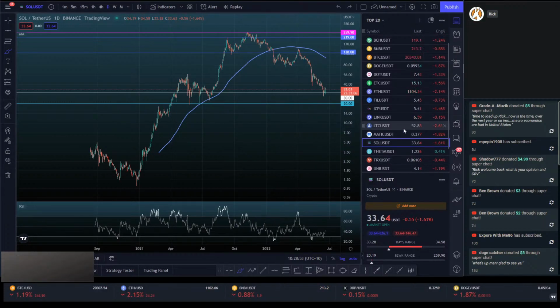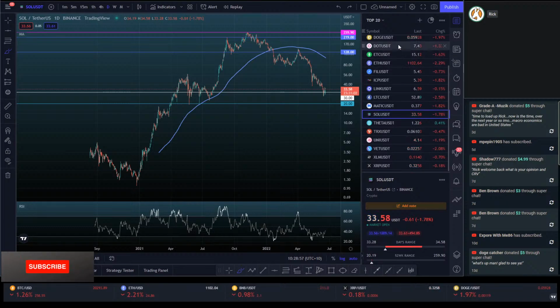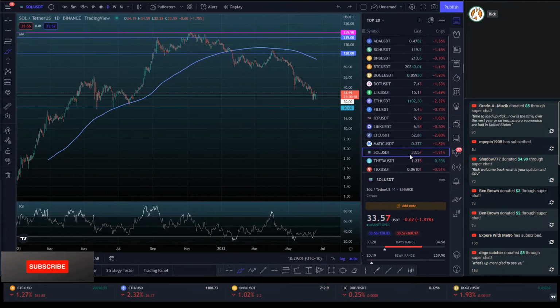So these ones should have some kind of a future in the next bull cycle, I would say. There might be a couple that get dropped out and don't make it to the next bull cycle, but for the most part, I recognize these from the previous cycle as well. Like, you've got Bitcoin, obviously, Ethereum, Litecoin.